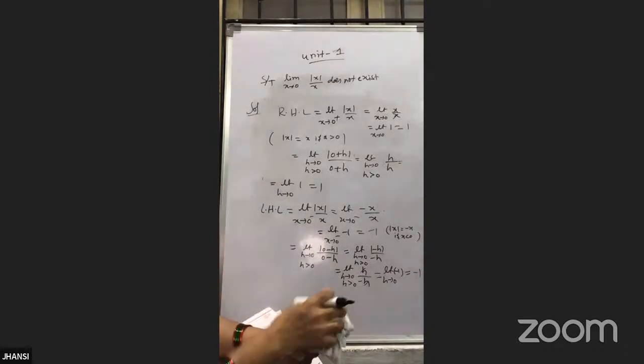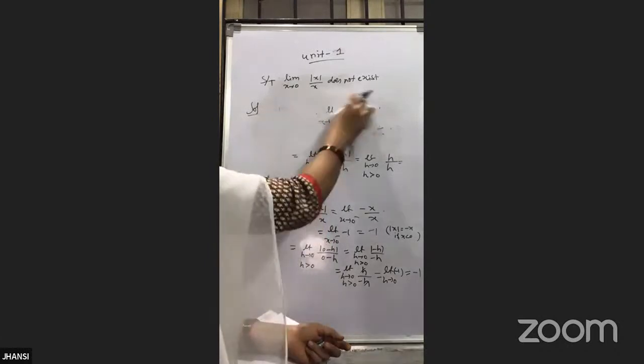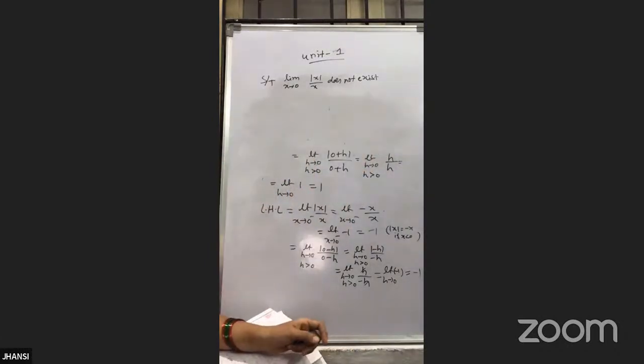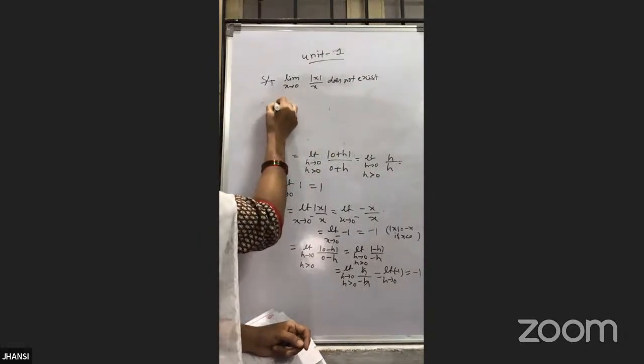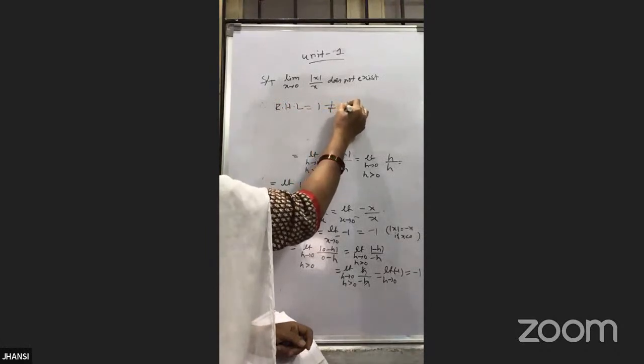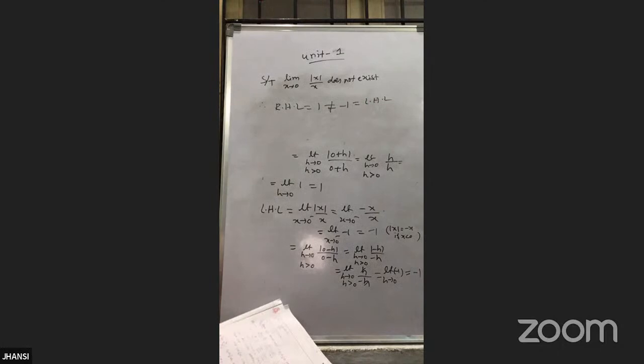So after finding like this, here we write, therefore RHL is equal to 1, not equal to minus 1, equal to LHL. Okay, both the values are different.